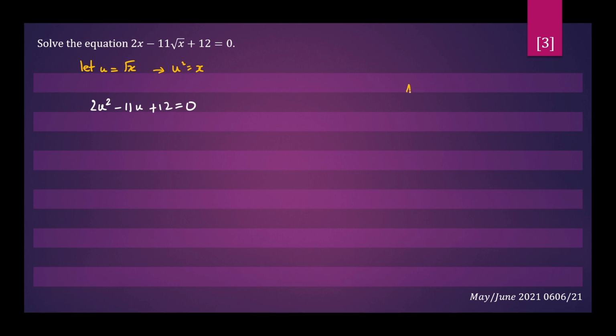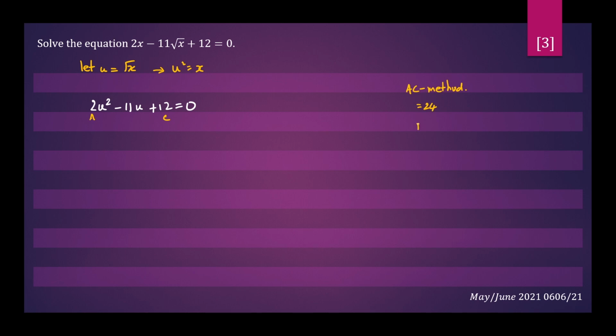So let's use the AC method for factorization. Looking at our question, we have a, which is 2, and c, which is 12. So AC is a times c, which is 24.